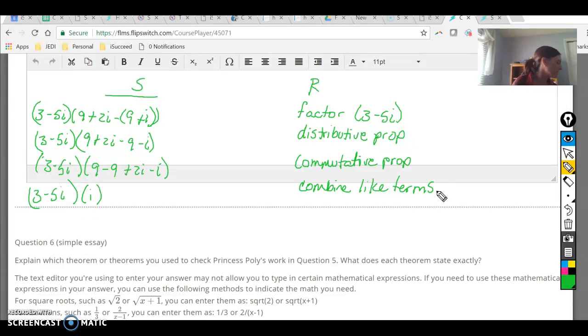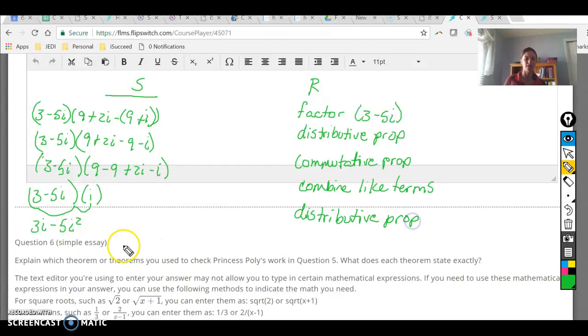Okay, the next thing I want to do is use the distributive property again and multiply i through each of these. So I get 3i - 5i squared. So this is the distributive property. Then I'm going to substitute i squared equals -1.